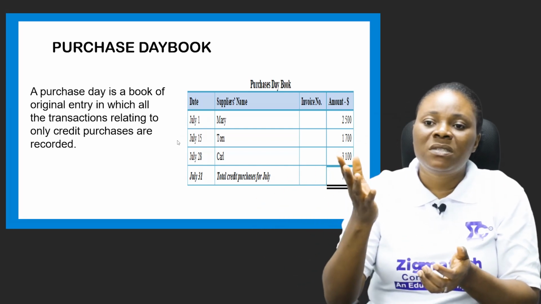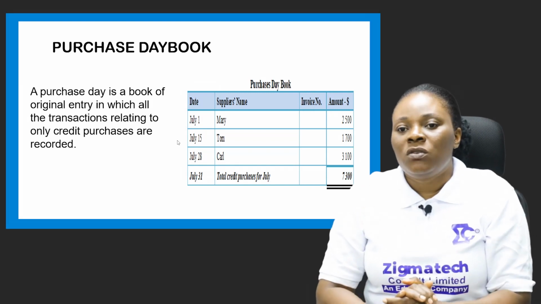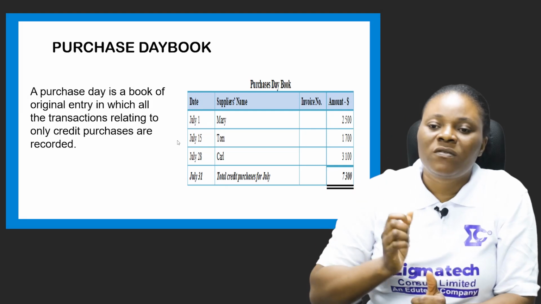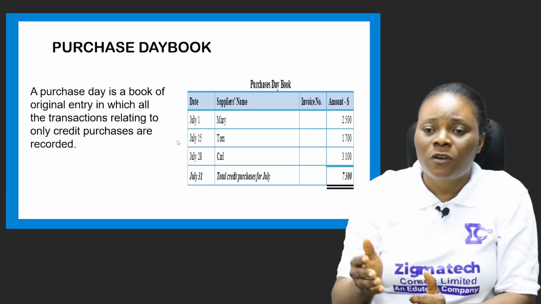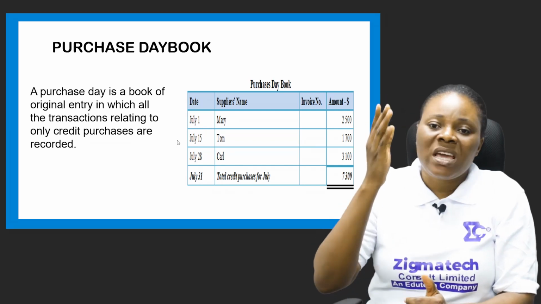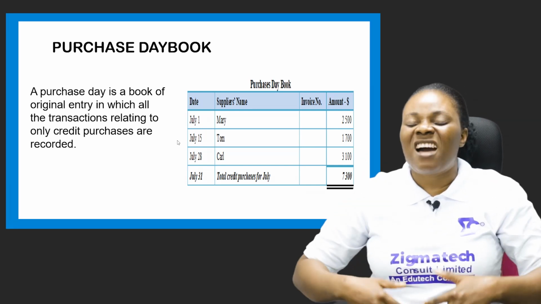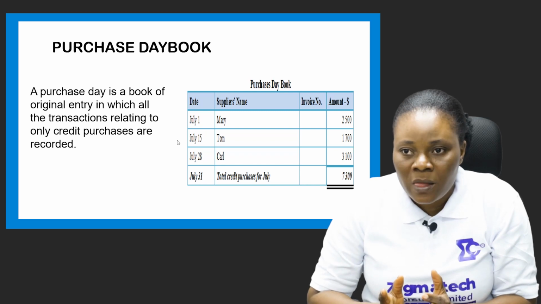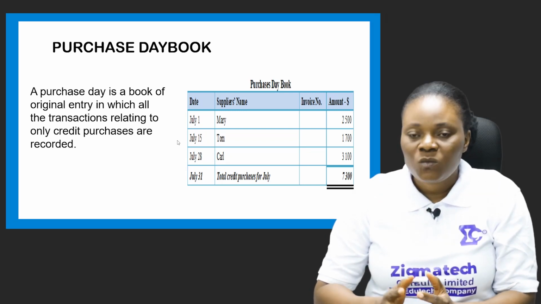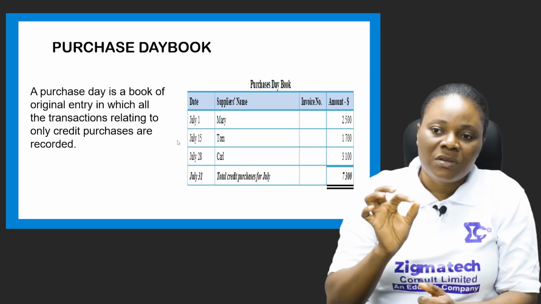So you have the same details. You have the date you bought the goods, the name of the supplier or the people you bought goods from, their names. You put everything down. Also the invoice number. Remember, the goods have been supplied to you. An invoice has been given. On every invoice, there is a number.